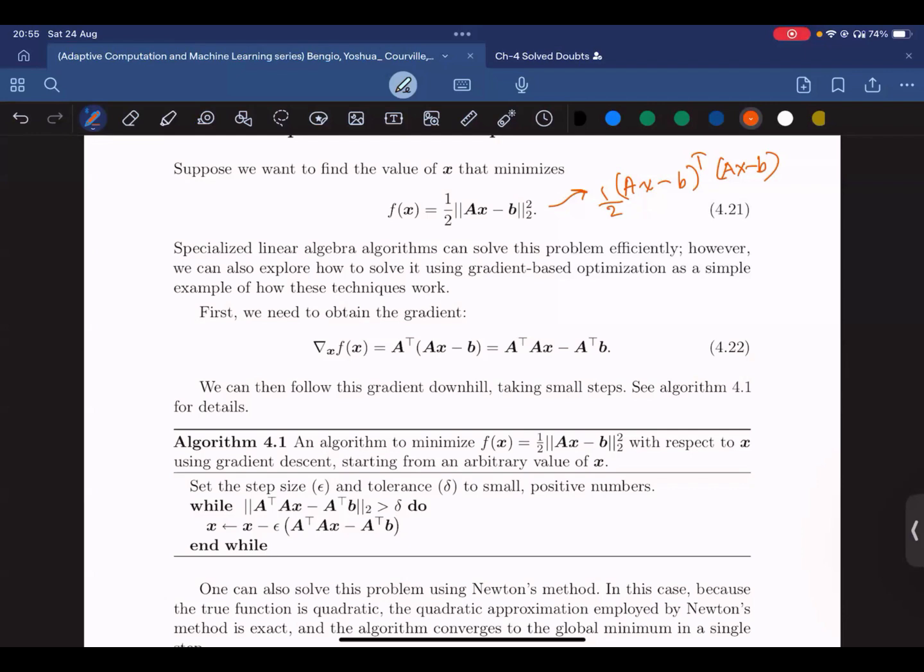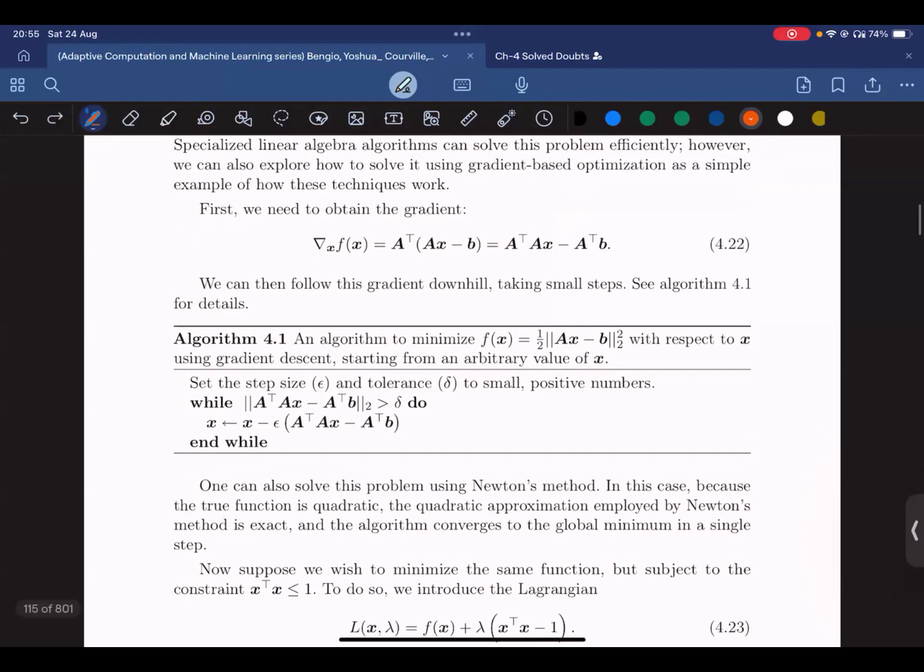So the gradient comes out to be this quantity, and gradient descent is this algorithm where, until the gradient is roughly zero, that is, until it is greater than some tolerance, we keep updating x to x minus epsilon times the gradient.